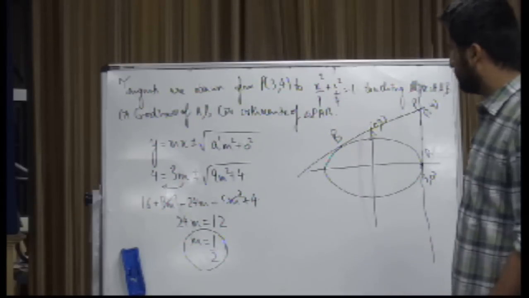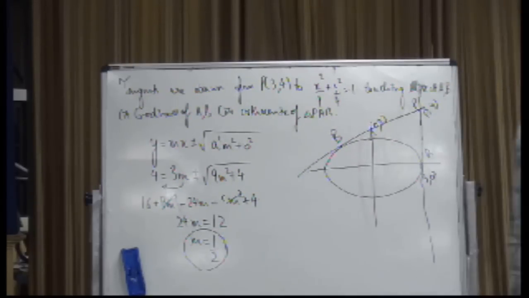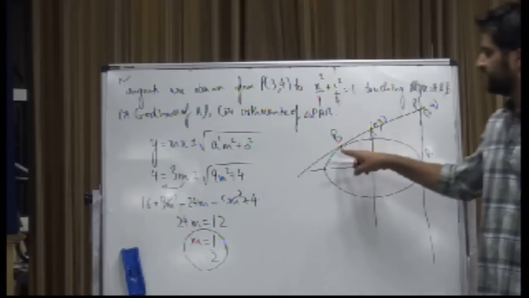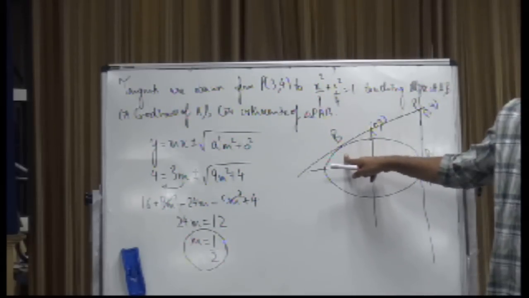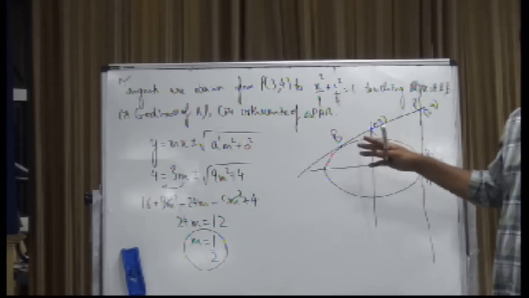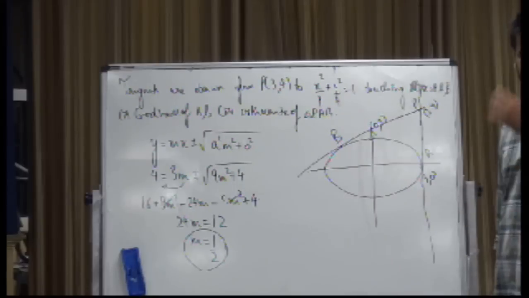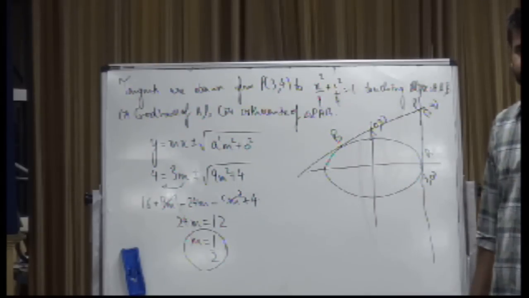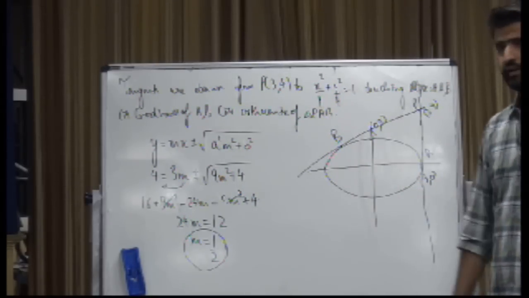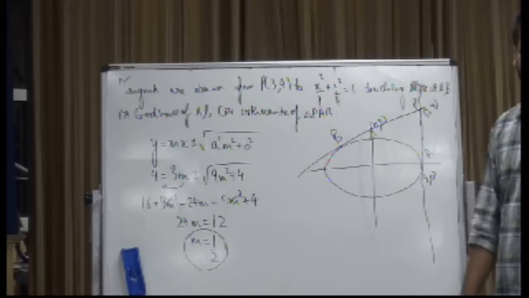Try to brainstorm how can you get the point B. Anyone? PA will be equal to PB. You will get only one equation from there, if you put this point as x comma y. Equate the distances. Then you'll get just one equation. From there you can get the other equation. You can try this out.